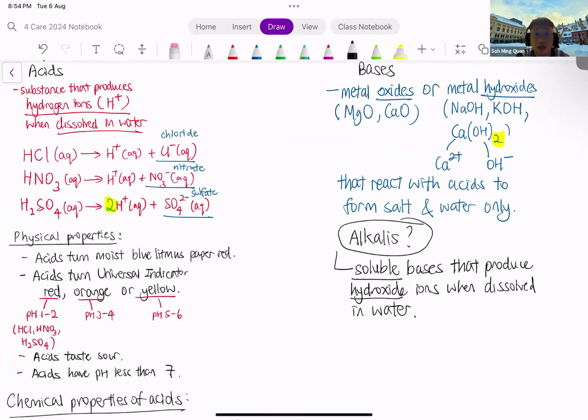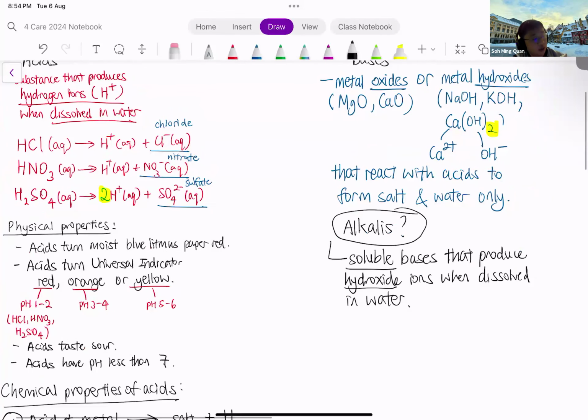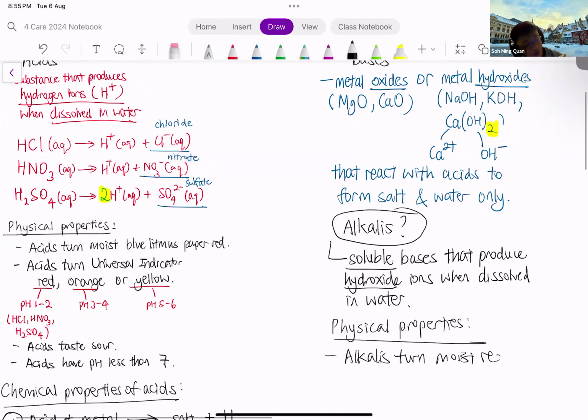Now, this leads to an important conclusion. It means that the physical properties that we learn, for instance, alkalis turn moist red litmus paper blue, right? You have learned this in Sec 2 probably.